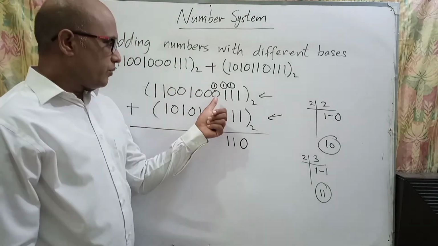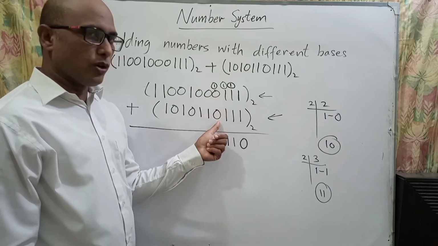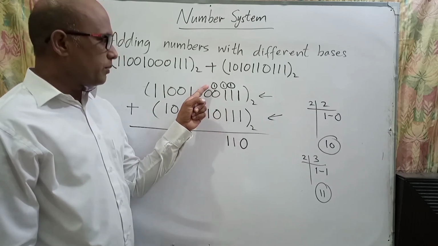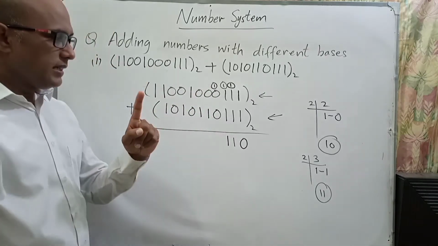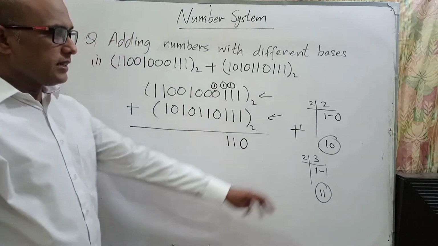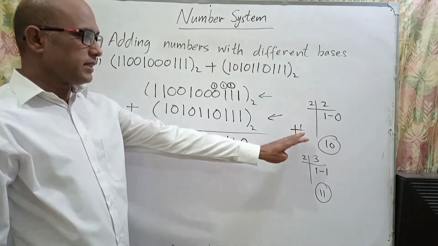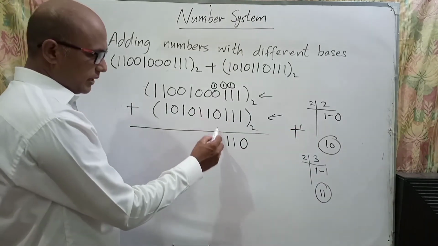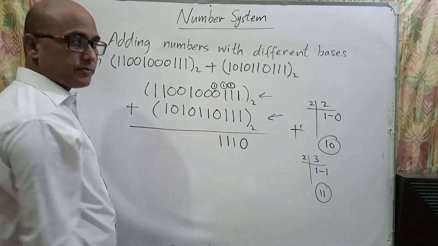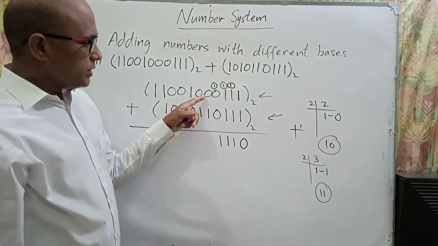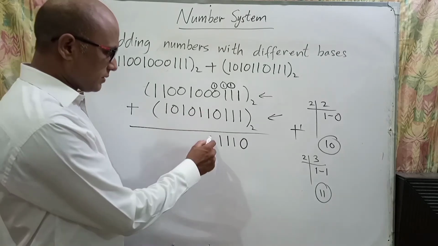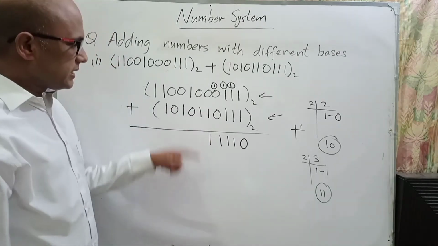Now students, we have zeros above and below, but this 1 will be added to these zeros, we'll get 1, and we cannot find the LCM of 1, so 1 will be written as it is. Now there is no carryover. 0 plus 1 is 1. 1 will be written as it is.